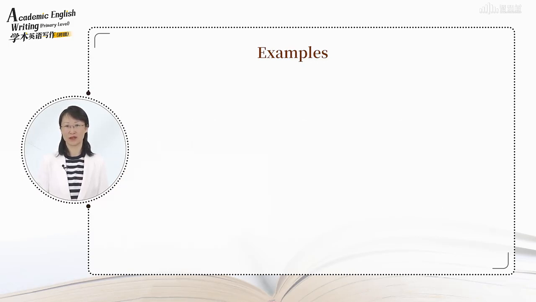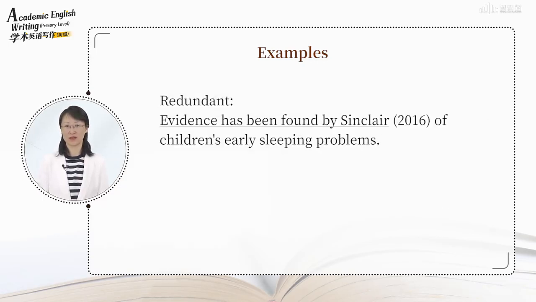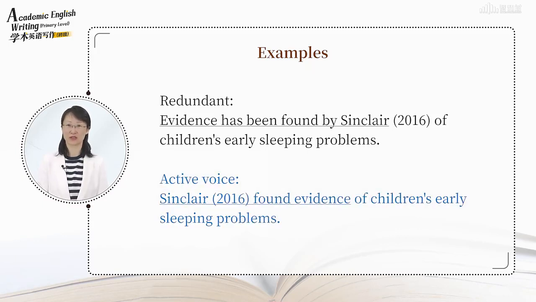Similarly, in the next example, evidence has been found by Sinclair 2016 of children's early sleeping problems. The passive construction makes a sentence wordy and can be replaced by a more concise active construction. Sinclair 2016 found evidence of children's early sleeping problems.